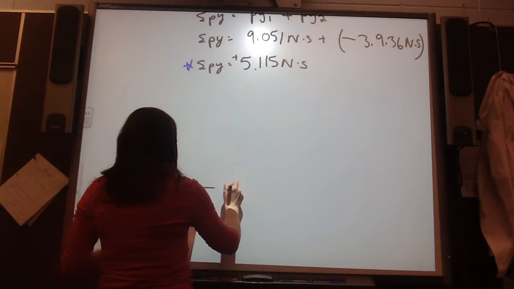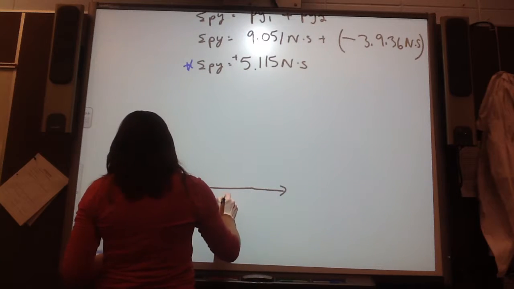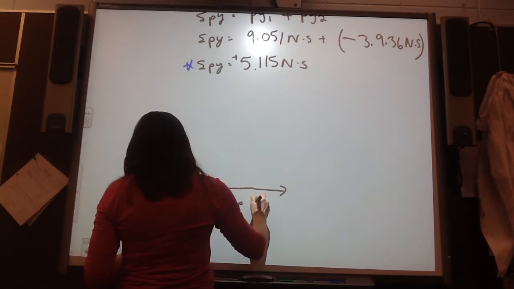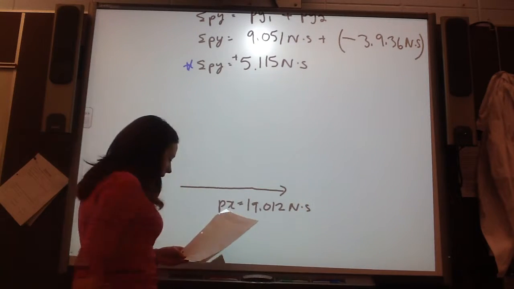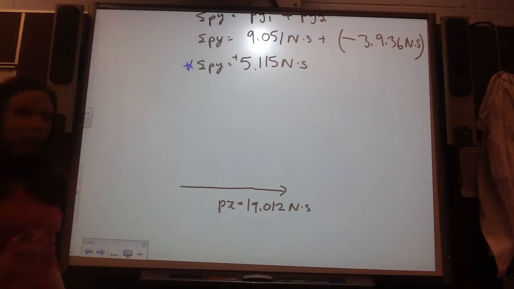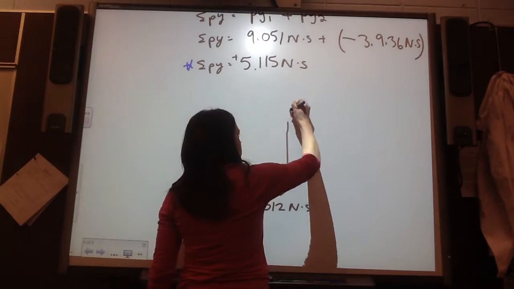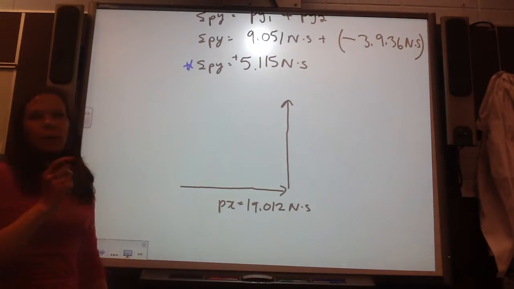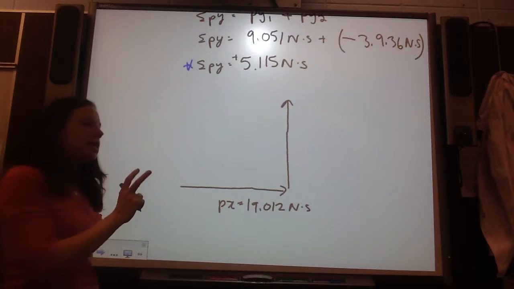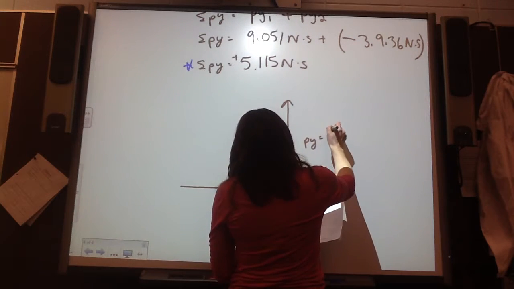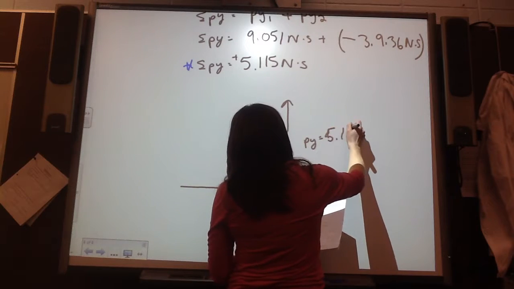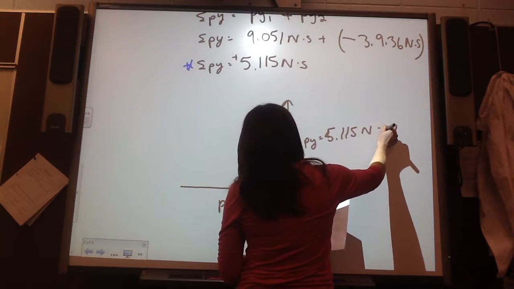Okay, so we have a positive x. So our p of x is 19.012 Newton seconds. And then our overall y was also positive, so I draw it like so, okay? Because remember, you need those x's and y's to be tip to tail. So our p of y is 5.115 Newton seconds.